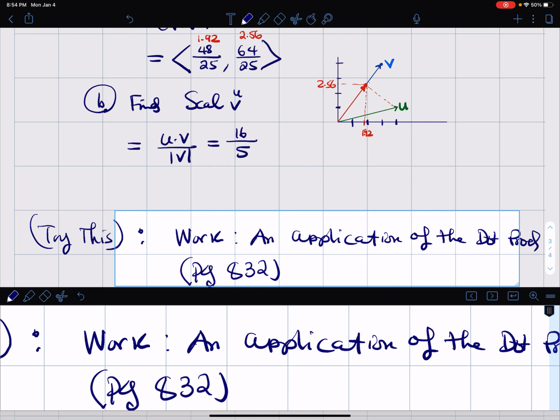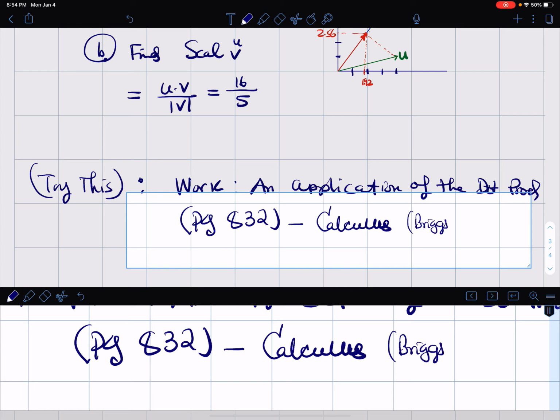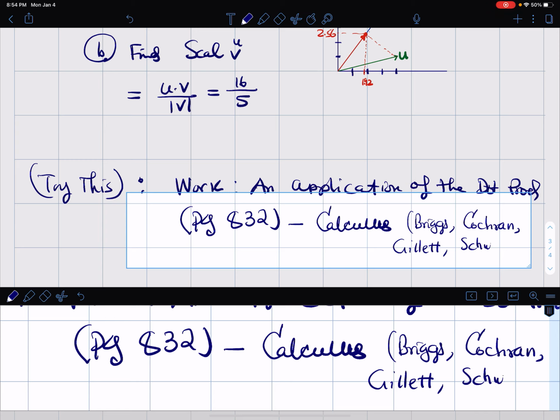The book we're using is Calculus: Early Transcendentals by Briggs, Cochran, Gillett, and Schulz.